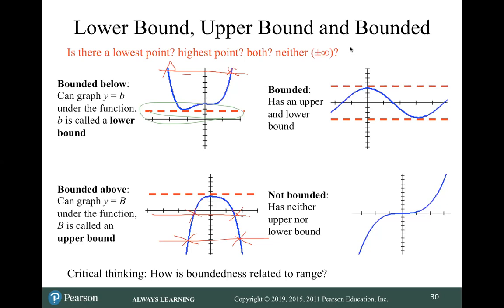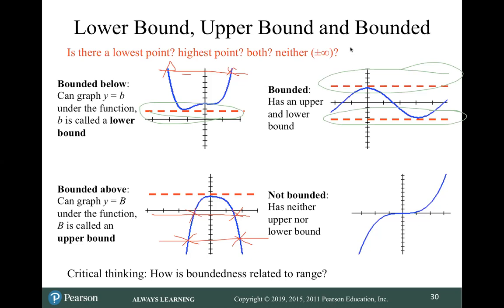And then we have the case where we can put sandwiches above and below. And this would be like sine or cosine, a graph that's oscillating. So this has a bound above, an upper bound. It also has a bound below, a lower bound, and therefore it is bounded. If it has both, then it's bounded.